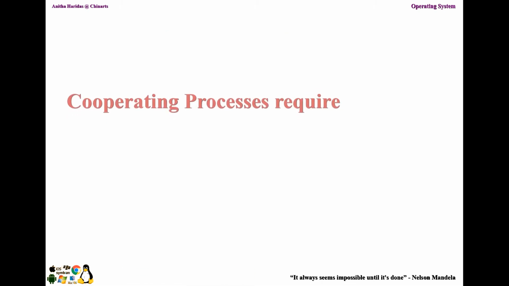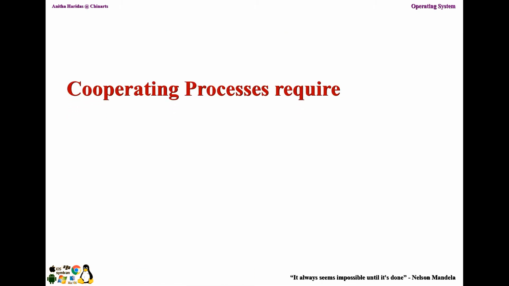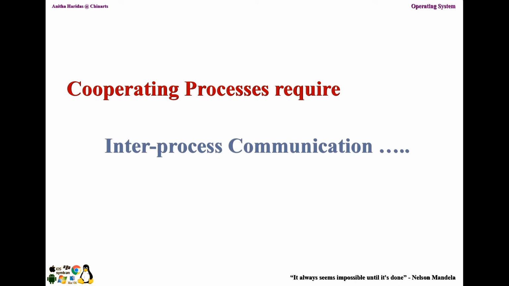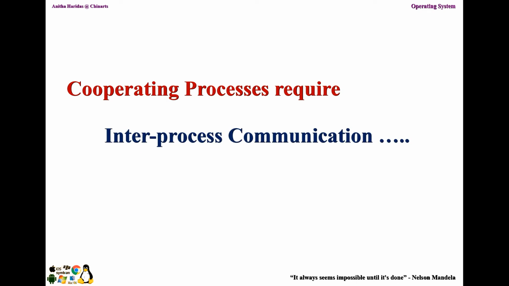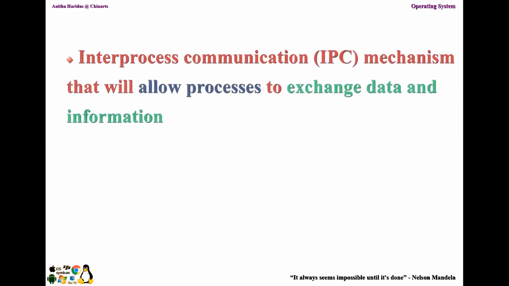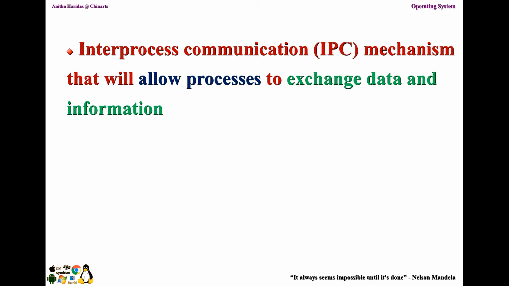And if you want to have cooperating processes in an operating system, you need to have a mechanism called as interprocess communication. So let us see what is interprocess communication mechanism.